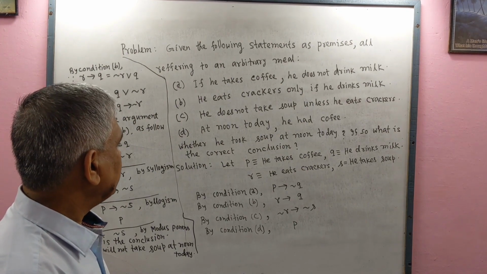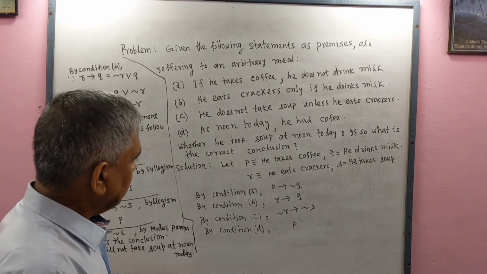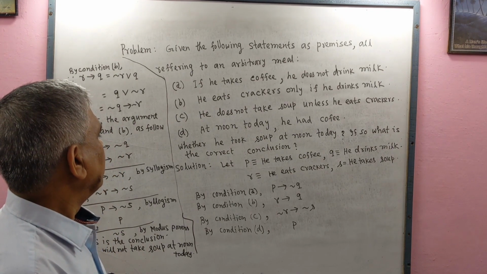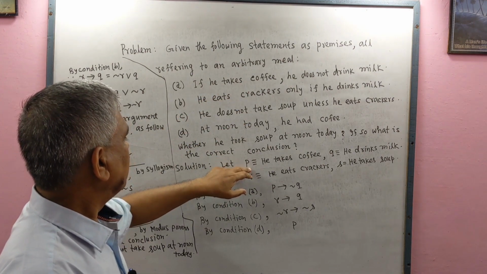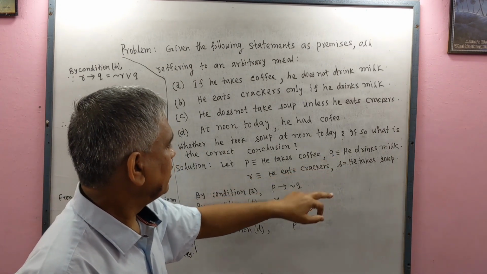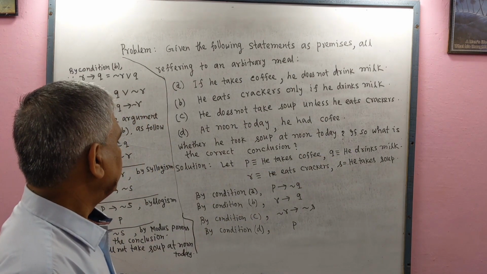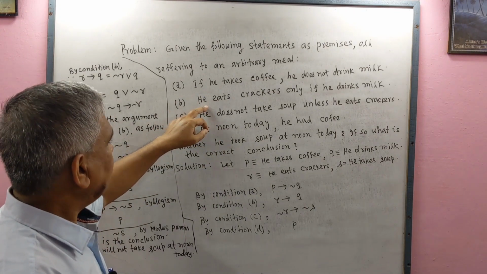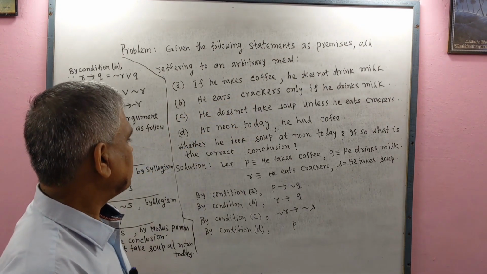Now we set the implication connective. If he takes coffee means P, implication, he does not drink milk, which is negation Q. This is from condition A. Condition B, he eats crackers only if he drinks milk.